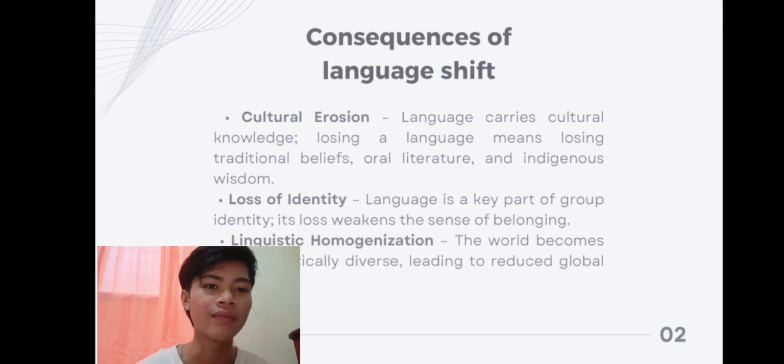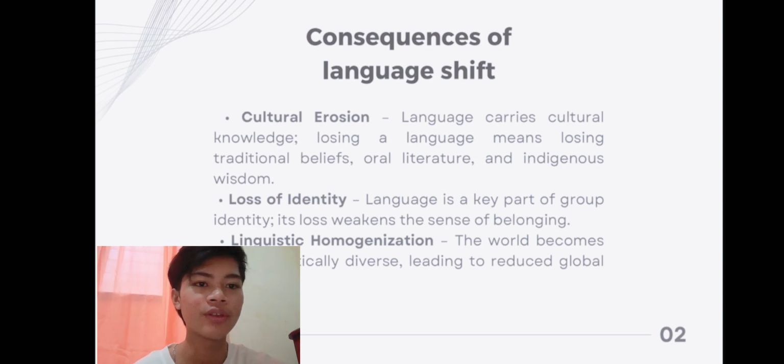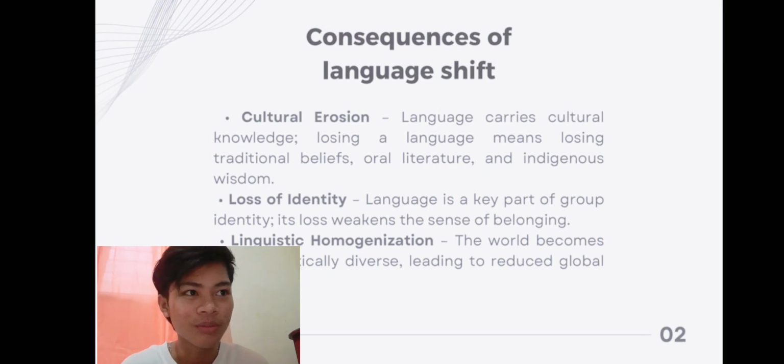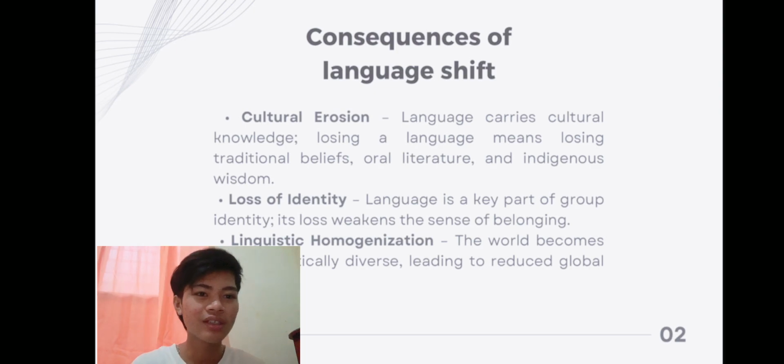If all things have causes, they also have consequences. Now, what are the consequences of language shift? The first one, cultural erosion. When a language disappears, so do the stories, beliefs, and traditional wisdom behind it and connected to it. Language is a carrier of culture. Number two, loss of identity.